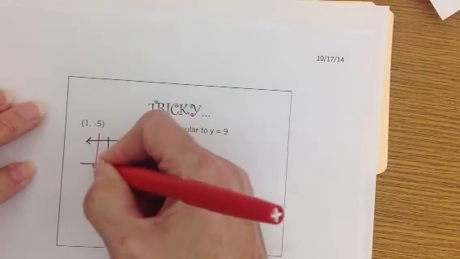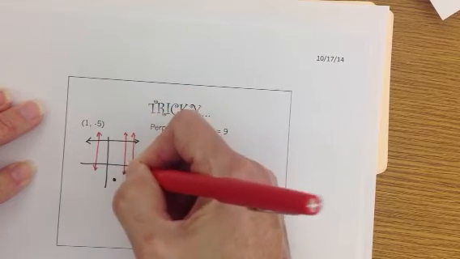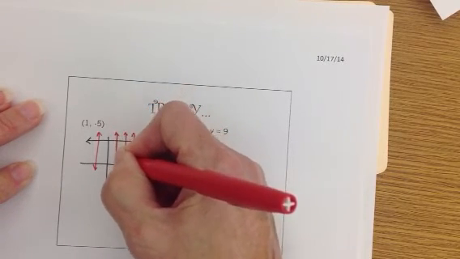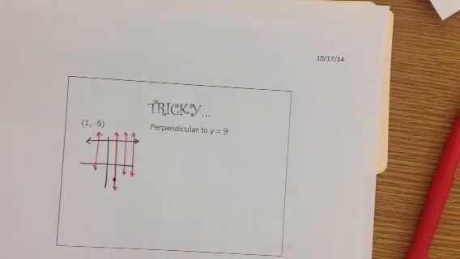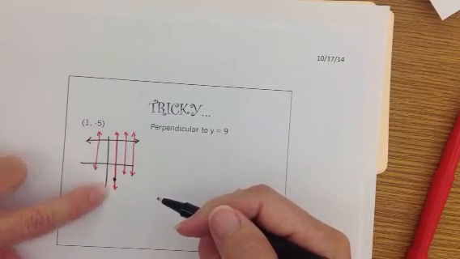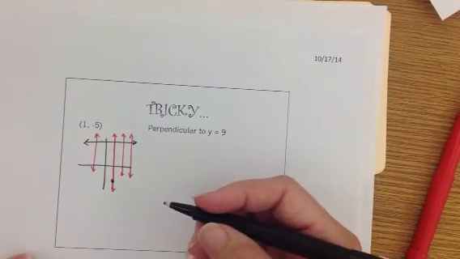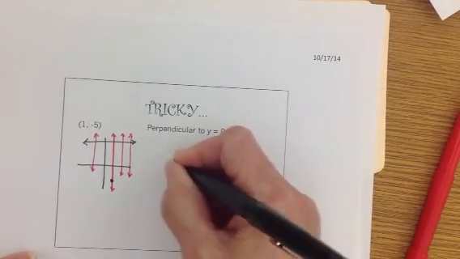All these lines are perpendicular, but there's only one that I'm interested in, and that's the one and only line that goes through that point. That goes up and down, so again it's a vertical line through the point I'm given. Well, that is x equal to 1.